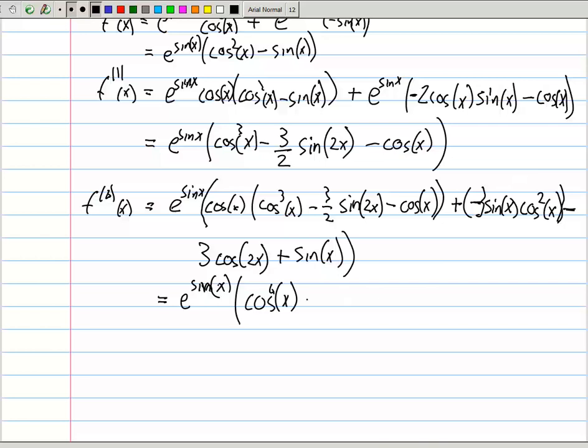But we land up with cos to the 4 x minus 6 sine x cos squared x. I'm just expanding our identity terms as well, so our cos 2x and our sine 2x. So that we land up with minus 6 sine x cos squared x minus 4 cos squared x plus 3 sine squared x plus sine x.